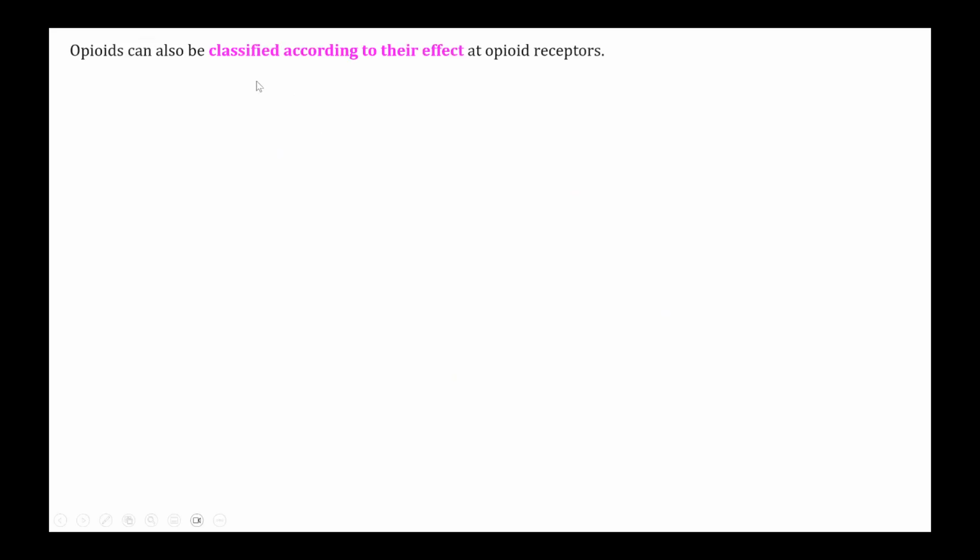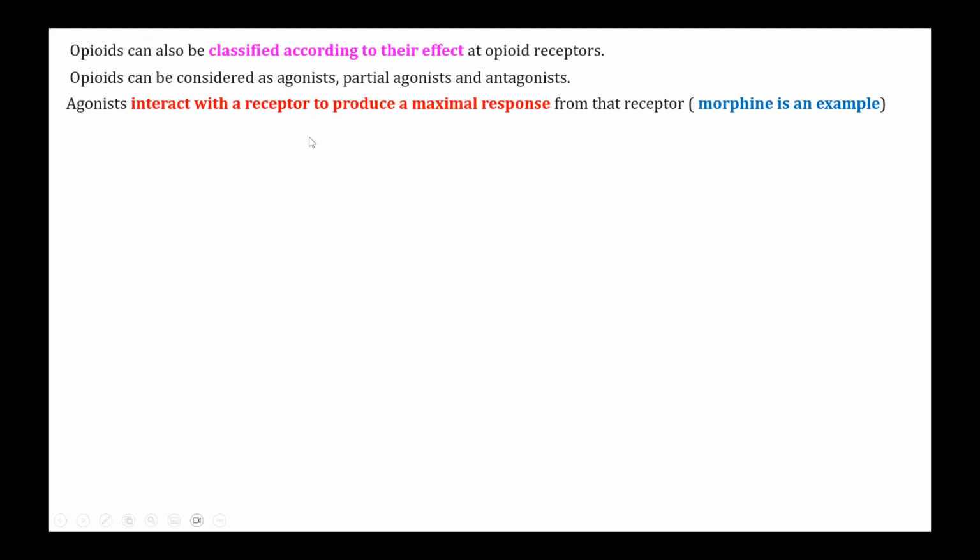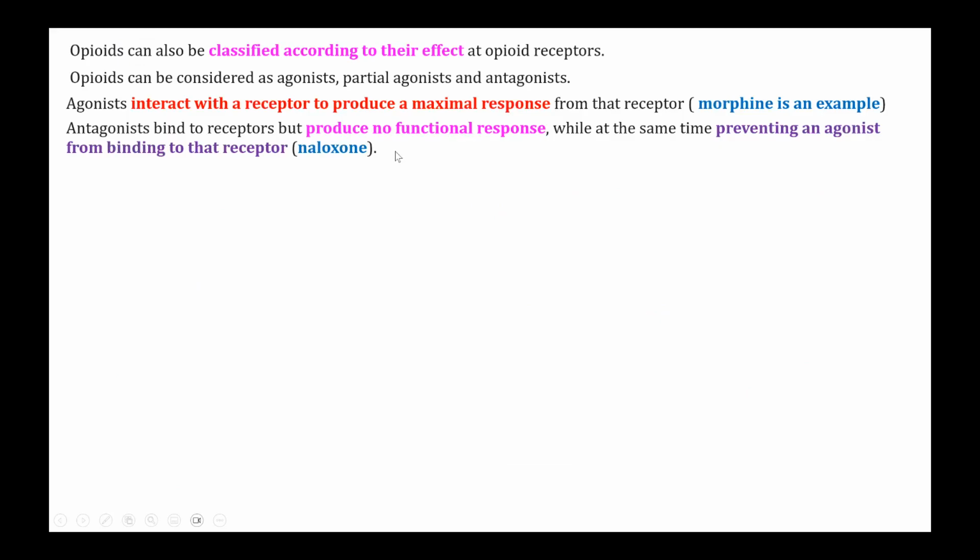Now, coming to the opioids, they can also be classified according to their effects on the opioid receptors as agonists, partial agonists, and antagonists. Agonists interact with the receptor to produce maximal response. Antagonists produce no functional response.